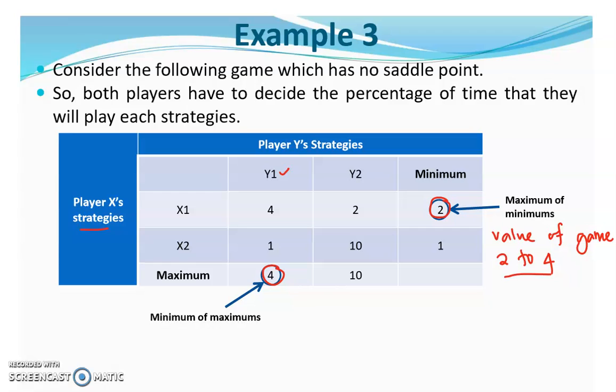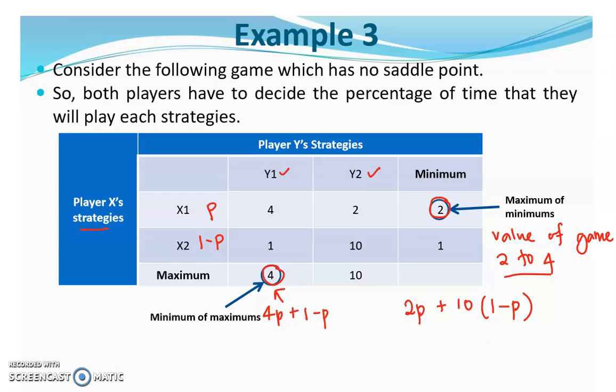So in that case, player X will play strategy 1 with probability P, and strategy 2 with 1 minus P. If player Y chooses strategy 1, the expected gain for player X will be 4P plus 1 minus P. Now, if player Y chooses strategy 2, the expected gain for player X will be 2P plus 10 times 1 minus P.